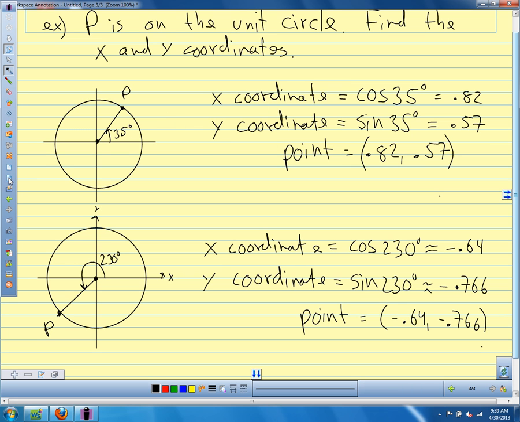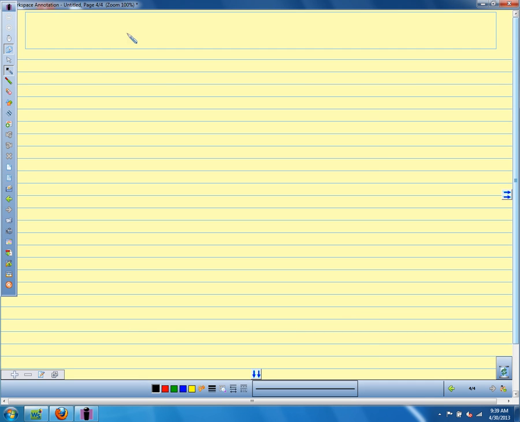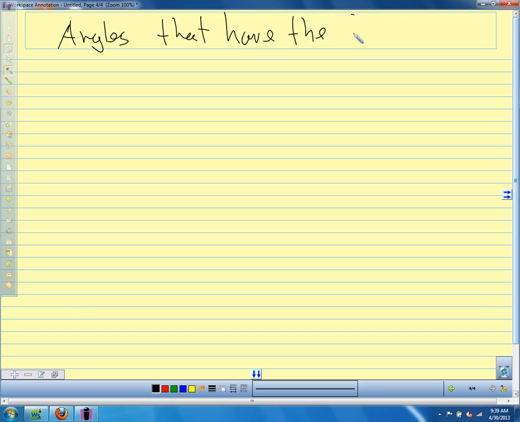All right. Someone asked about this at the beginning of class, and I said we'd talk about it. So on the unit circle, we can figure out that we have angles that have the same sine or cosine.